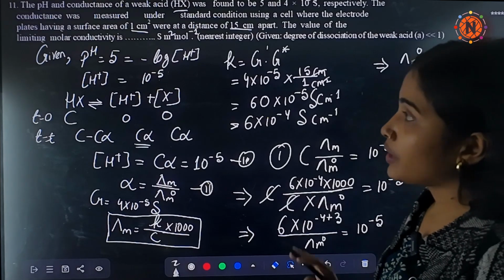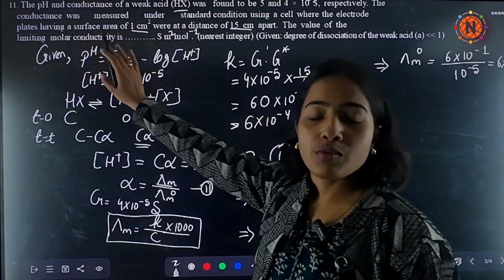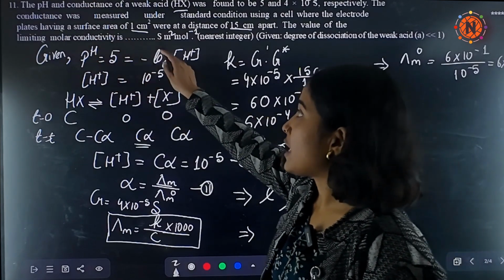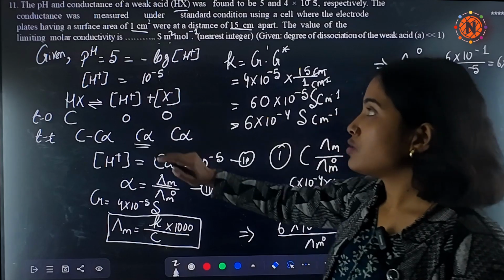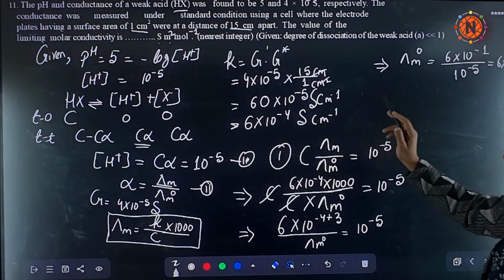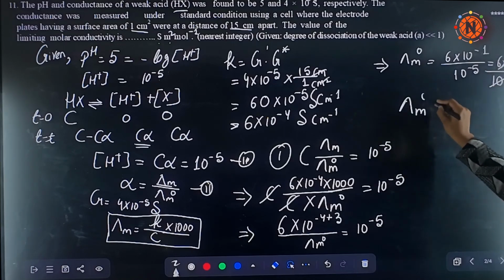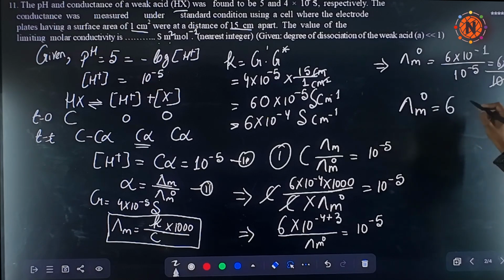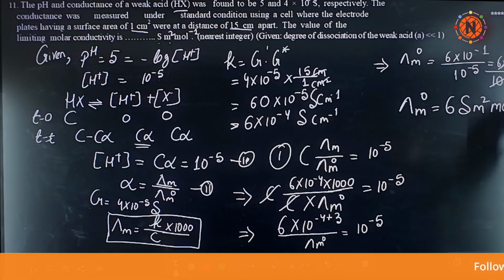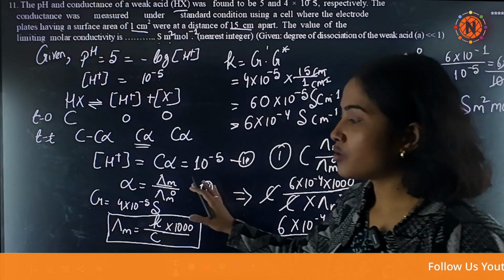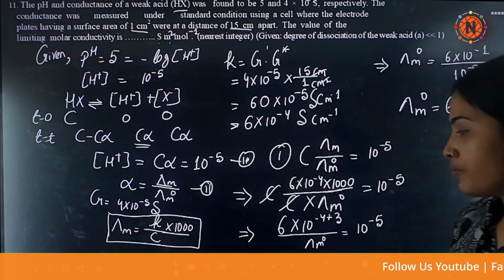We need the limiting molar conductivity, and we know the unit of limiting conductivity is Siemens meter square mole inverse. So it is given in Siemens centimeter inverse. In order to convert it into meter square, I need to divide it with 10 to the power 4. So limiting molar conductivity will be 6 Siemens meter square mole inverse. I hope you have understood the following solution.